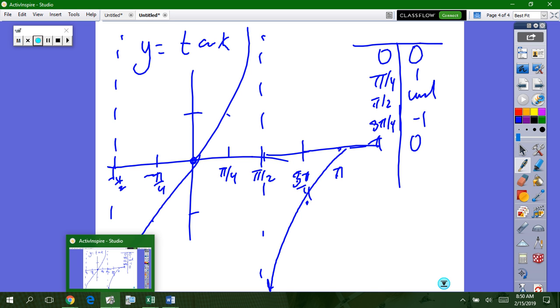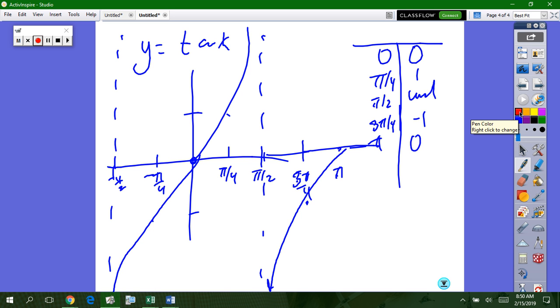There's the parent function. Do I have to go over everything else to do that again? Like the shift, it's the same shifting, right? It's a different parent. Well, now what would cotangent look like? All right, so cotangent is the reciprocal of tangent, isn't it? So what's the reciprocal of 0? Undefined.